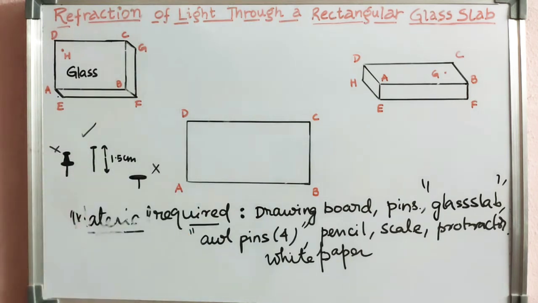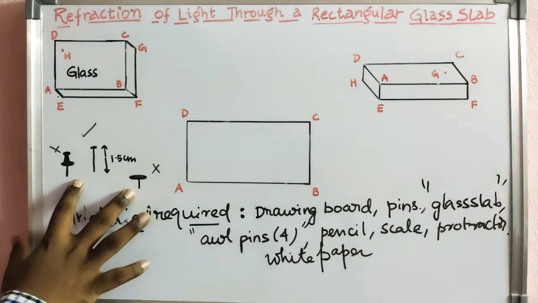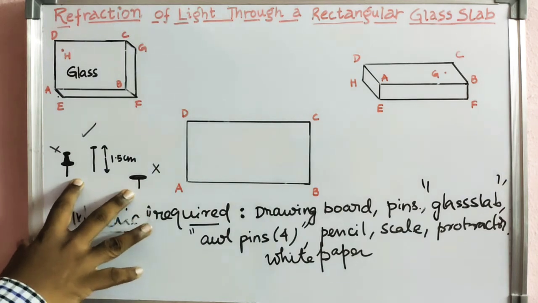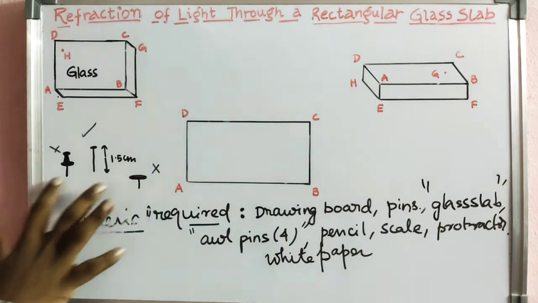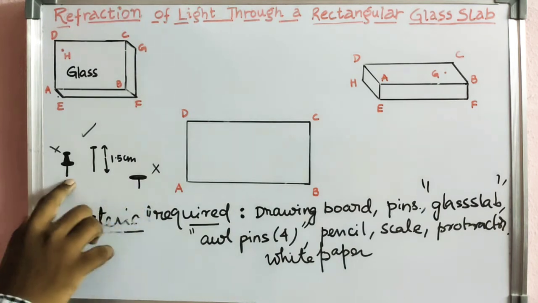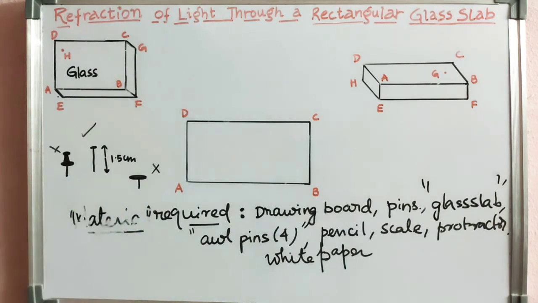I'll tell you why later in this video. If you don't have all pins, then okay, but if you want accurate results, don't use drawing pins. Use only all pins. How many all pins do you want? 4. Pencil, scale, protractor, these things you know.